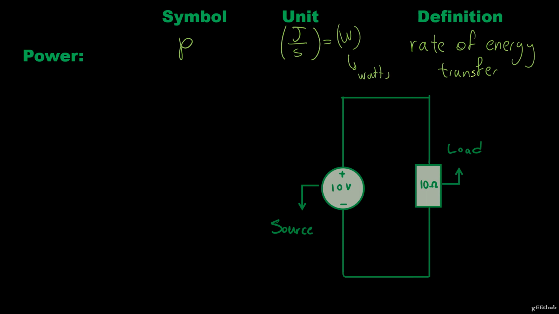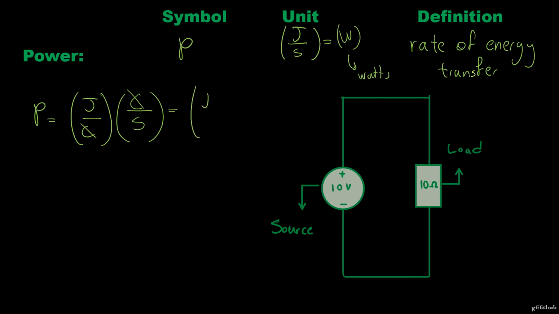So given the three components, voltage, current, and resistance, how can we derive an equation for power? Let's say my voltage has units of joules per coulomb, and my current has units of coulombs per second. So if I cross out the coulombs, I do have my equation here, joules per second is equal to watts. So power is equal to voltage times current.